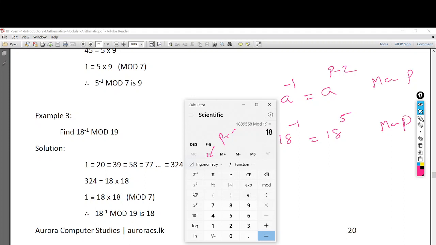So you can see 18's inverse is again 18, right? 18's inverse is again 18.